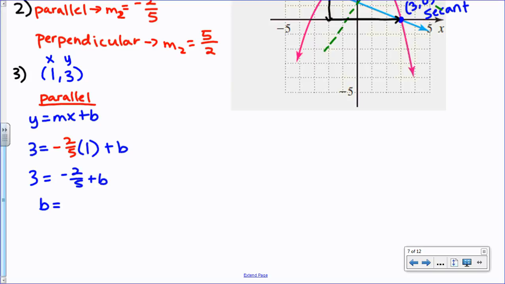So you do 3 plus 2/5, which gives 17/5. Alright, so you can write that equation if you want to finish up parallel: y equals negative 2/5 x plus 17/5.